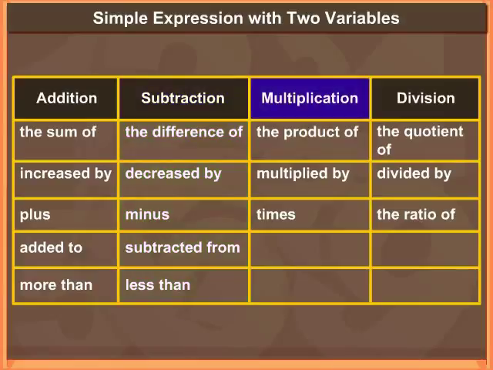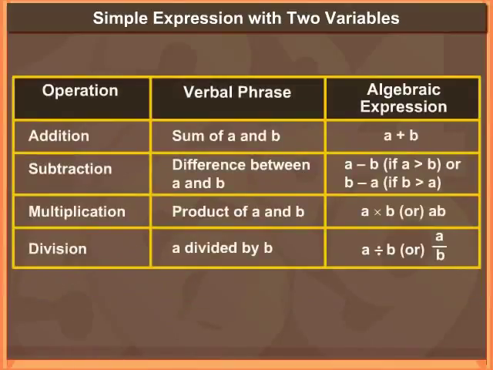For multiplication, phrases are the product of, multiplied by, times. And for division, phrases are the quotient of, divide by, ratio of. Now, let us translate a few verbal phrases into expressions using variables.